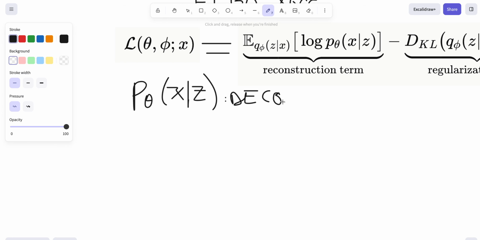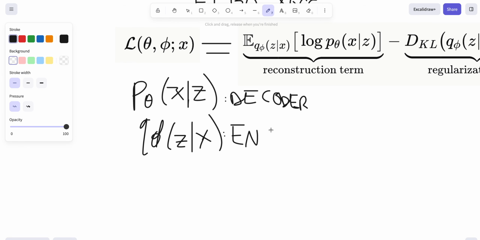All this reconstruction term is doing is saying: sample from all the points in our q phi of z given x distribution, which is our encoder, put that value into the decoder, and see what the expected value is, which describes reconstruction.